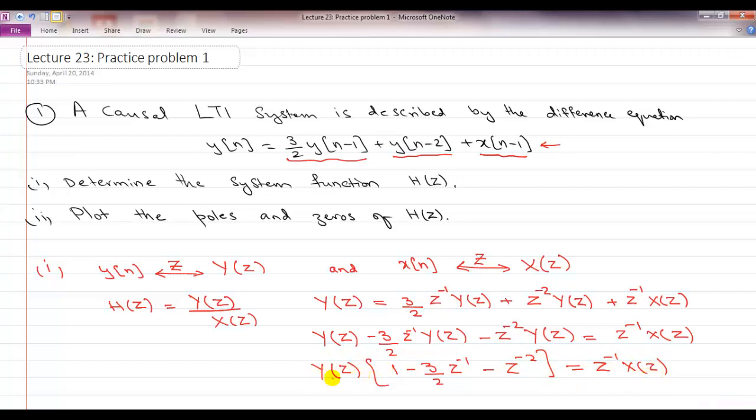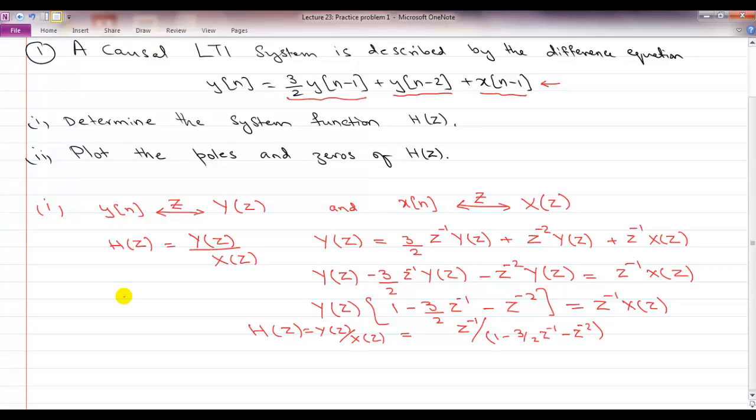And finally, I cross multiply, bring X(z) to the left side, so Y(z) over X(z) is simply equal to z to the minus 1 over 1 minus 3 half z inverse minus z to the minus 2. So that is your transfer function, and that solves the first part of this problem.